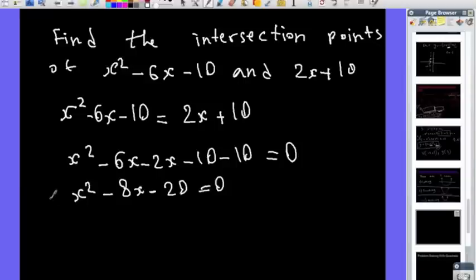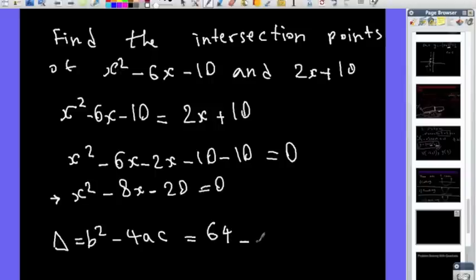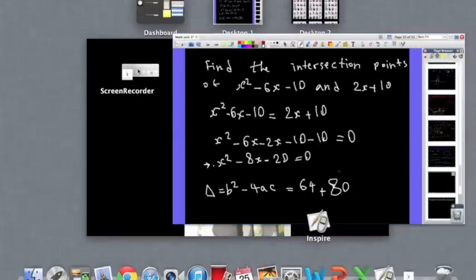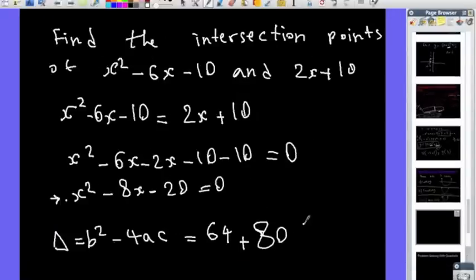Now you're left with one equation. So you write delta equals b squared minus 4ac. We know that b is negative 8, so b squared is 64, minus 4 times 1 times negative 20, which gives us plus 80. Sorry about that, where was I?